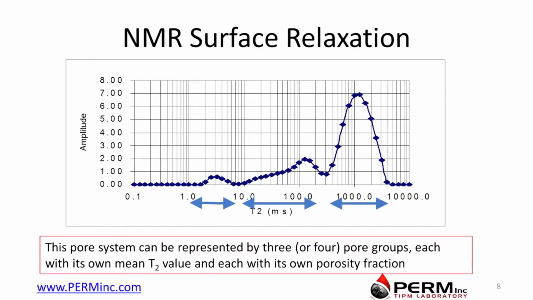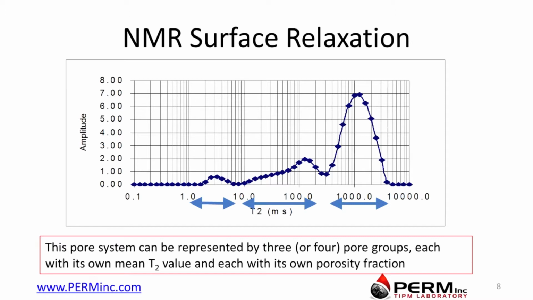Now, if you are inside a large container, once again, your molecules can move around for a while before they hit the walls. If you go into smaller and smaller containers or smaller and smaller pores, they'll very quickly hit the walls, and this will cause them to give off their energy faster. So in the example that we have in this slide here, this is a slow relaxing peak.